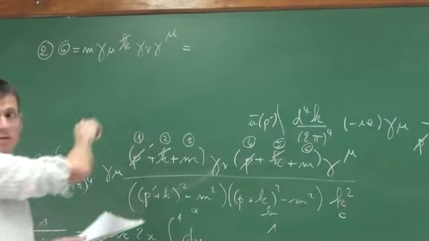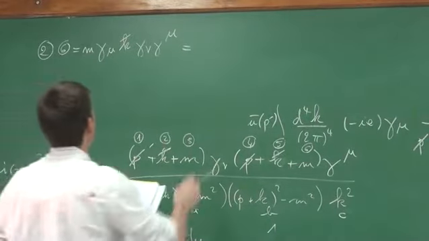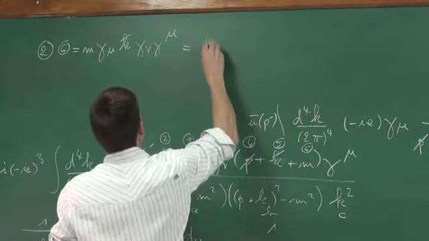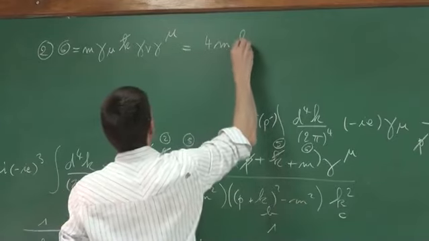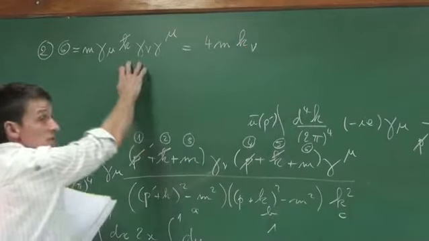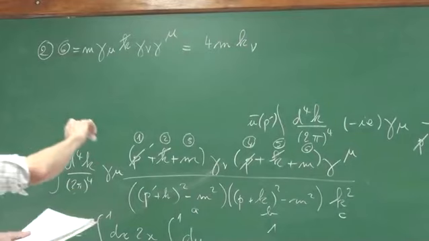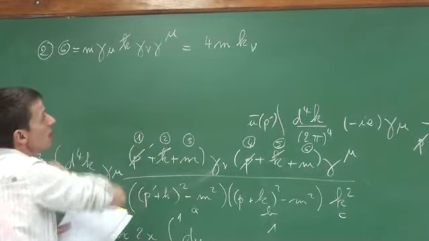There are only two gammas here, so this gives simply 4m k u. In fact, this time the dimension is 4, and we get the m before.